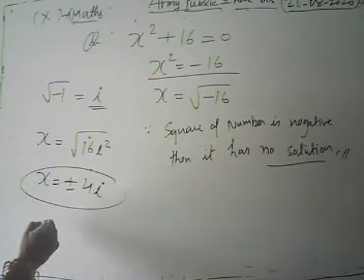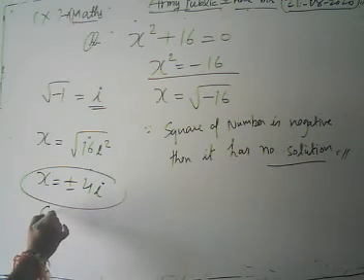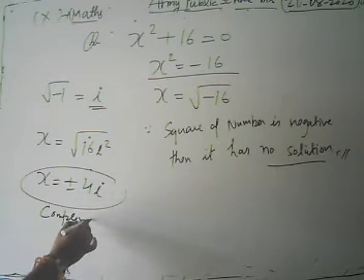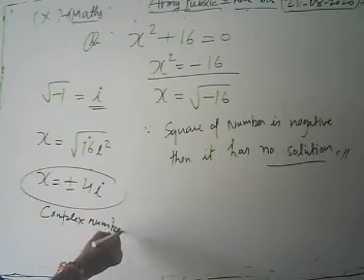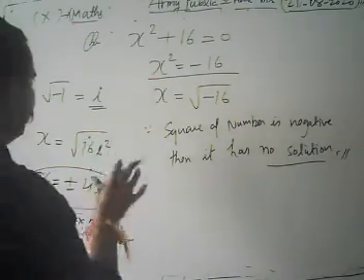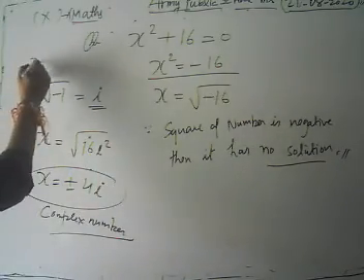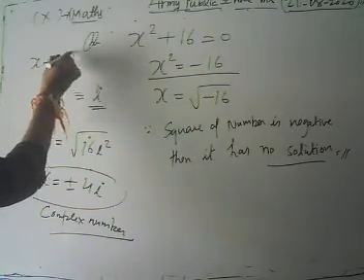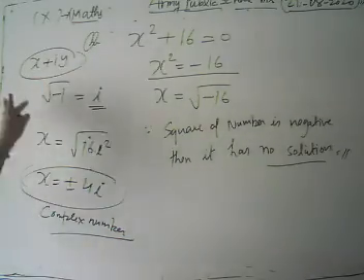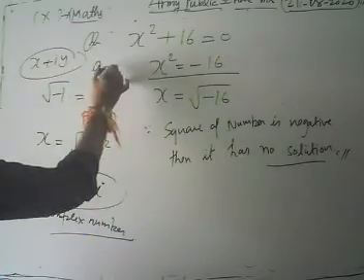But this solution is a part of the complex numbers. What is a complex number? A number which can be written in the form of x plus iy, or we can also write a plus ib.